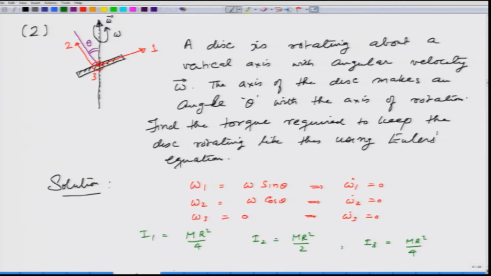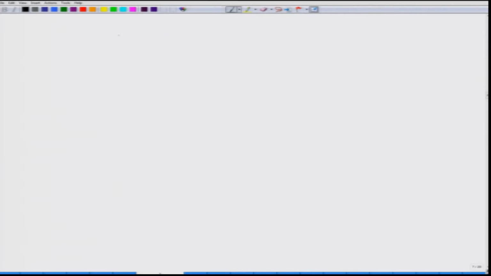Let us now apply Euler's equations. Euler's equations tell me that tau 1 is going to be equal to I1 omega 1 dot plus omega 2 omega 3 (I3 minus I1). Now, omega 1 dot is 0, omega 3 is 0, and therefore, this whole thing is 0.